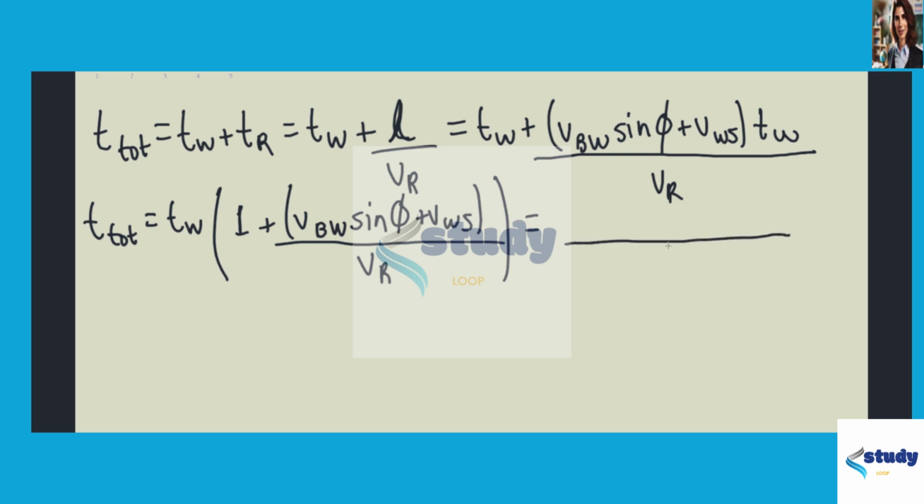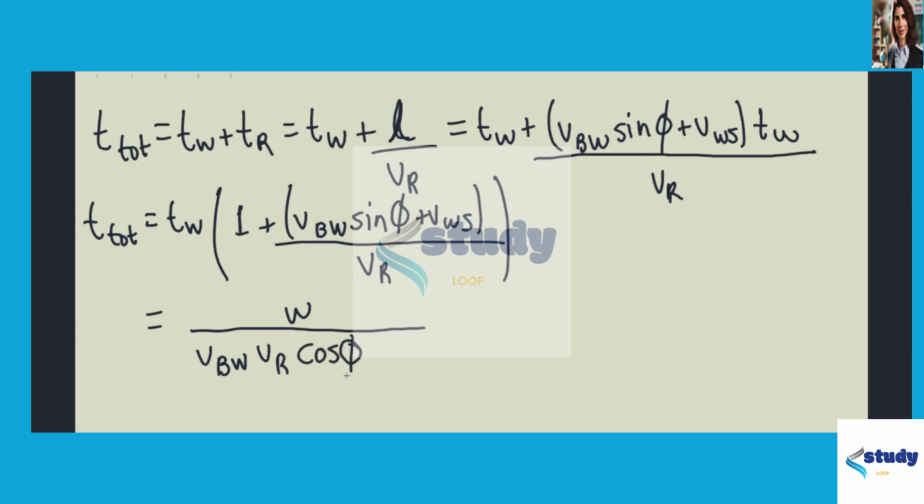This is going to equal W over the velocity of the boat relative to the water times the velocity of running times cosine of phi, times v sub r plus v sub w, the velocity of the water relative to the shore, plus the velocity of the boat relative to the water, sine of phi.